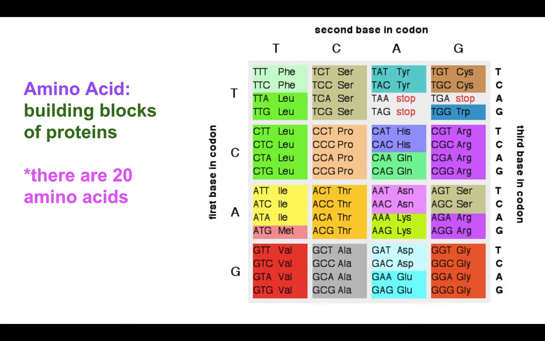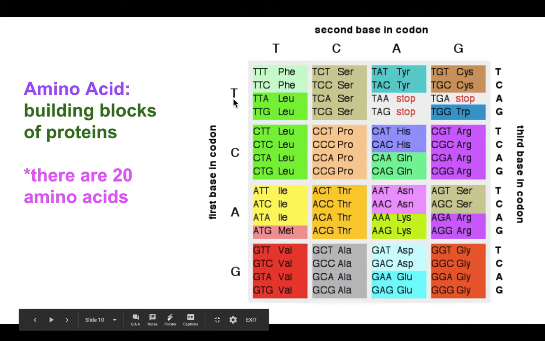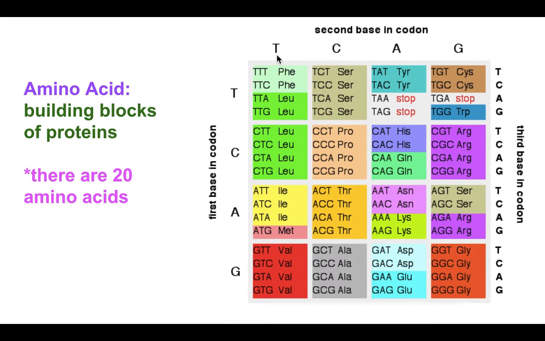So looking more specifically into amino acids, there are those building blocks, and there's only 20 of them. You'll notice on the outer parts of this square are our four nucleobases. We can just call them bases.